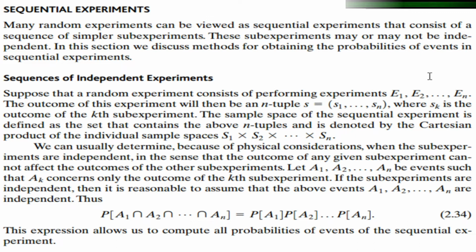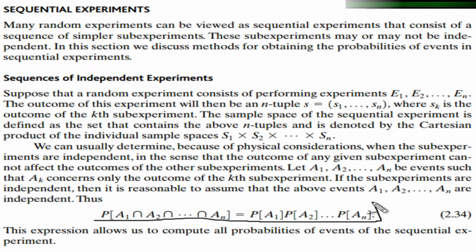We saw in our previous example that in any sequence of experiments, if you have the outcomes and all the outcomes are independent of each other, how can you find it out? You can just find it out by multiplying the individual probabilities of each event. We have seen it in the last lecture, and the same thing is written here in this form.